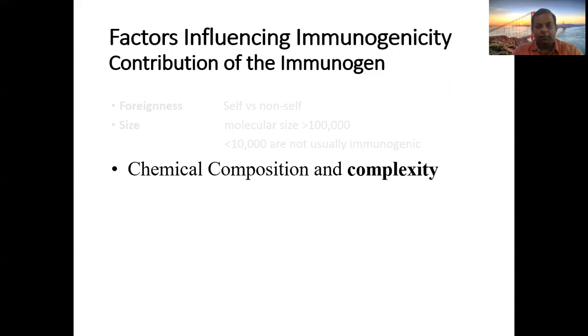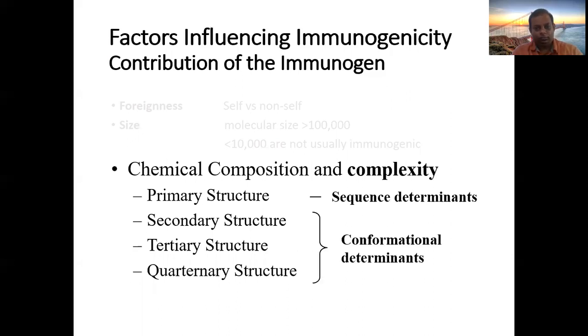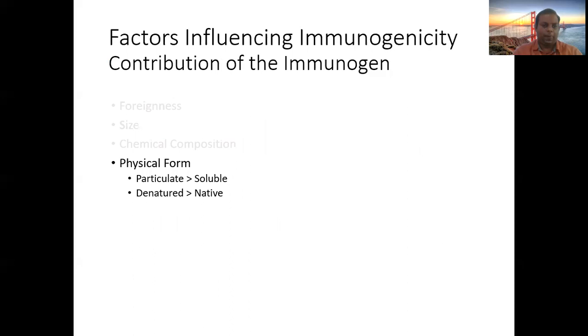Chemical composition and complexity: primary structure, secondary structure, tertiary structure, quaternary structure of a protein. The more complex, the higher the immunogenicity. Primary structure we term sequential determinant, and the others conformational determinants, because secondary, tertiary, and quaternary structures are 3D, they are in the conformation.